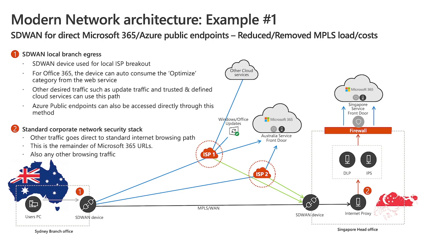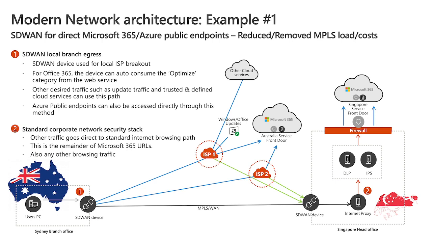And what that means is that that user connecting to Teams, to OneDrive, to Exchange, they can connect via that ISP to the service front door that Microsoft operates in Australia. So this might be at our network edge or in the data centers themselves. So what that means is we can then deliver much higher performance levels for that user. And we've removed that problem of high volume on the MPLS, the WAN, and also on the centralized egress.